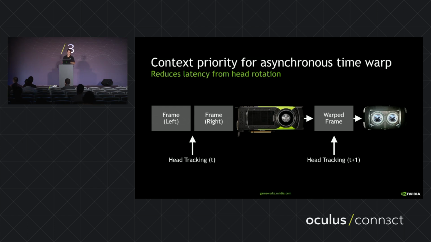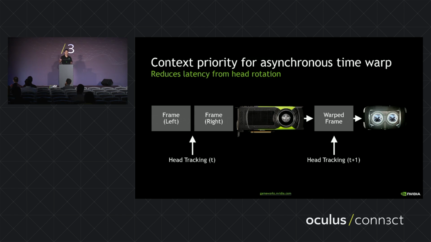The problem is that from the point at which you sample the camera pose, which in the case of VR is the head pose, to the point where the user actually sees the results of the rendering from that point of view, there could be a significant amount of time. That time is latency, and that messes with the user's feeling of being in the environment. And if you miss the refresh, you're going to have some stutter, and the latency is going to be even greater.